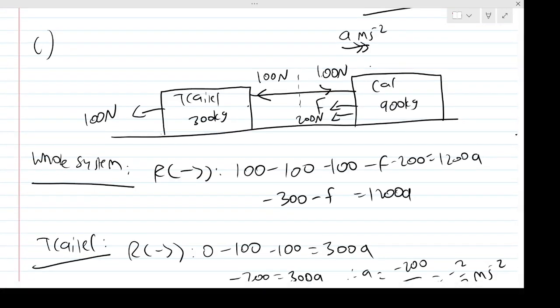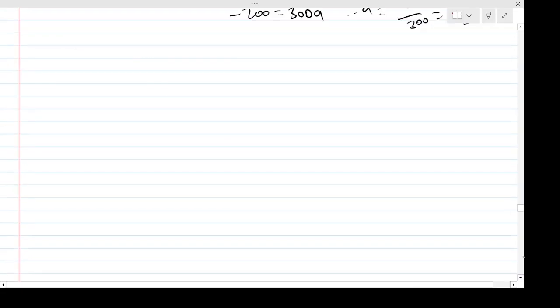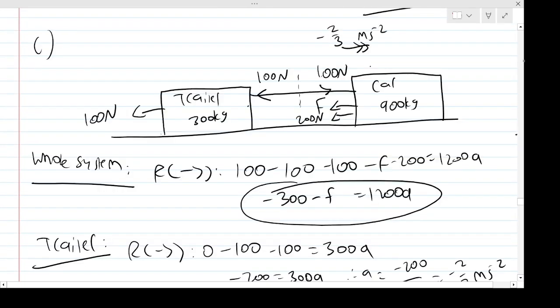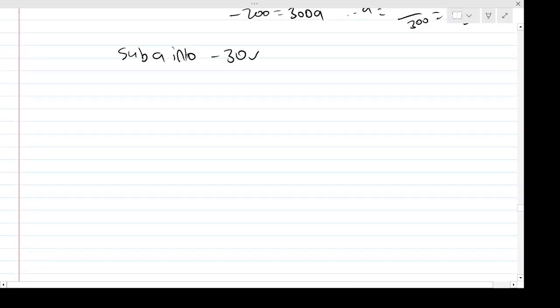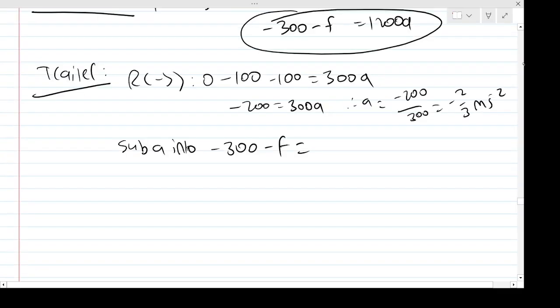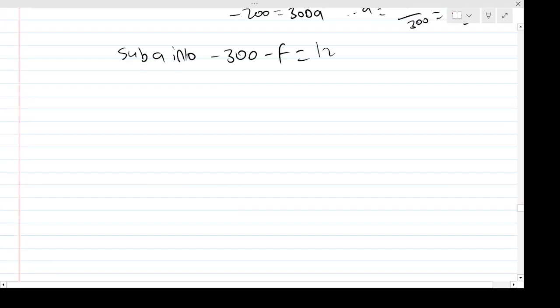Now don't freak out, that makes perfect sense, because remember, negative acceleration means it's just slowing down. Right, so you know what's going on, right? The car is braking, so the whole thing is slowing down. So it's minus 2/3 here. Okay, that's the acceleration. So now I can work out F. So what I'm going to do now is sub A into that equation. So the equation is minus 300 minus F is equal to 1200A.